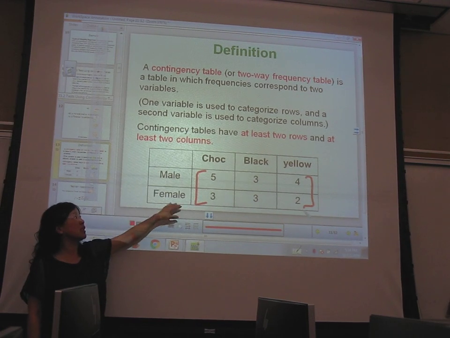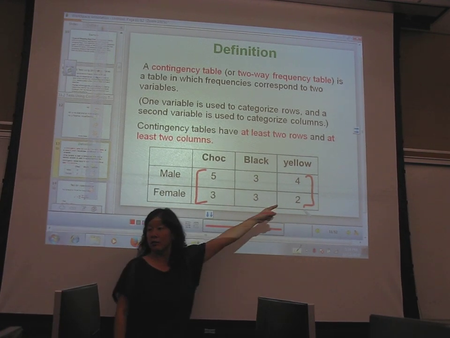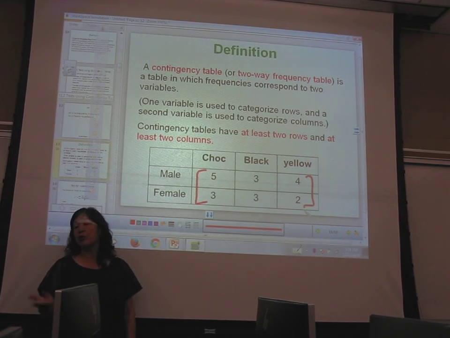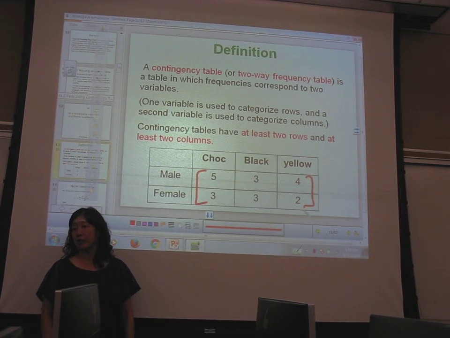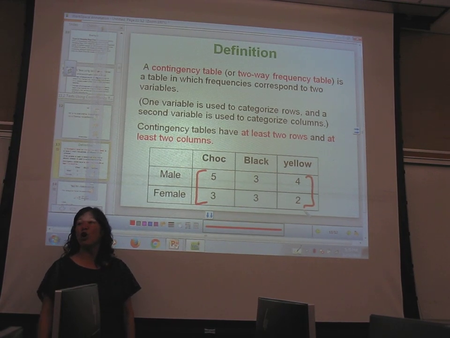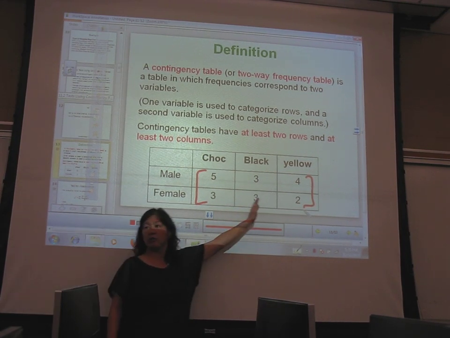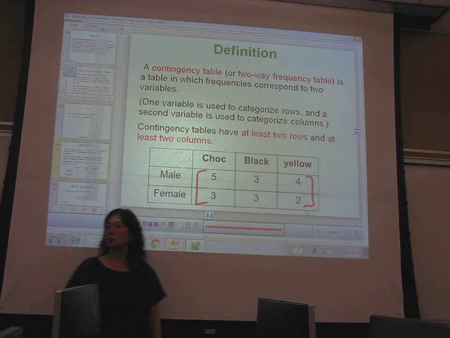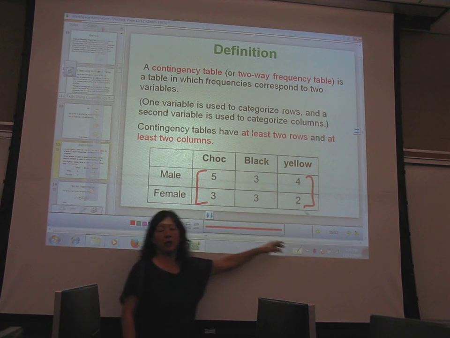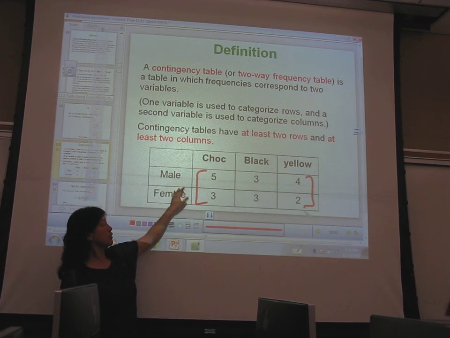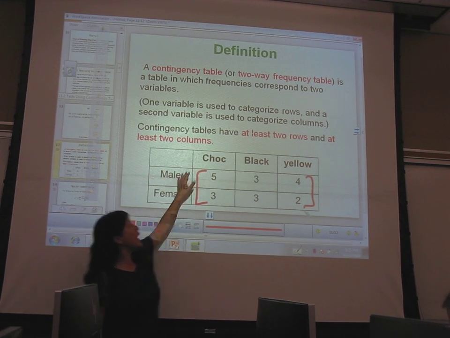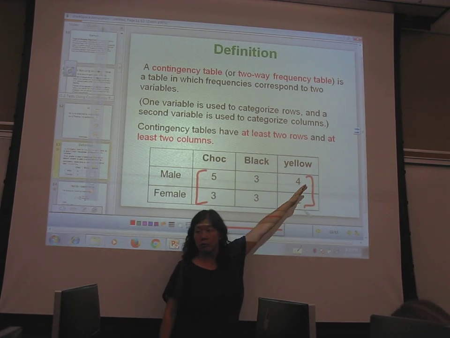If this was observed and expected, then this would be a list. But you don't normally give us the observed and expected, right? Well, I don't normally give you the expected. You usually have to calculate the expected. Sometimes it's not a table, or if it is a table, this would be blank. Does that make sense? So this is categories here and categories there.